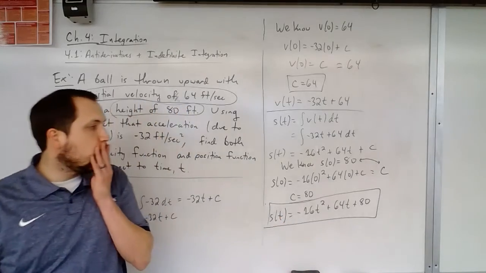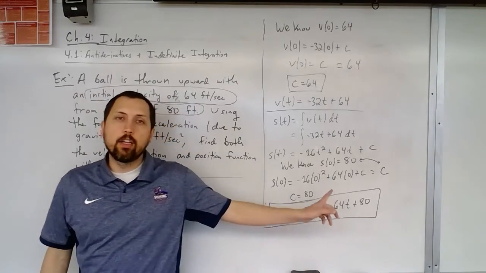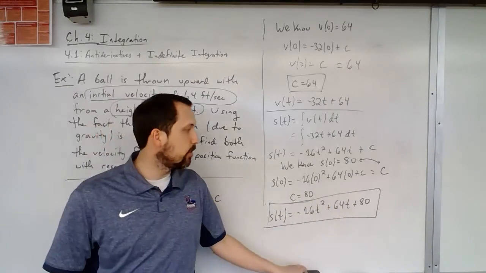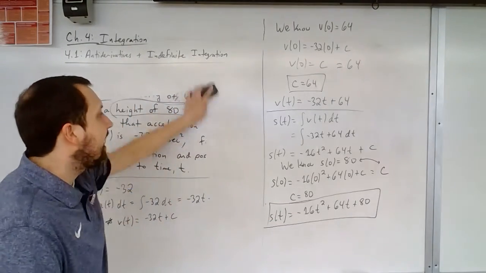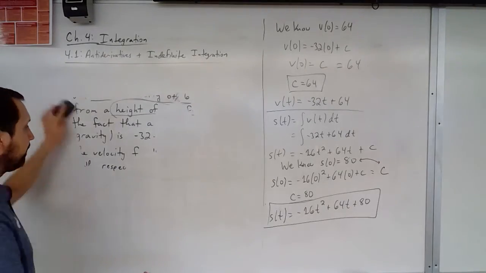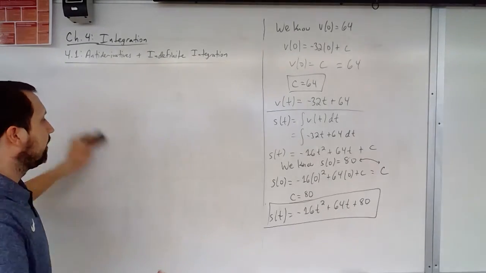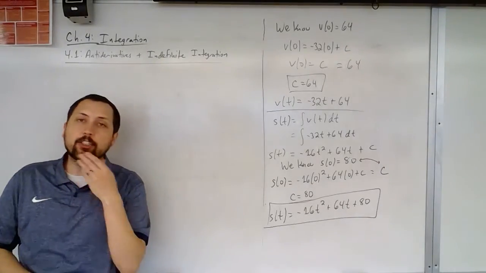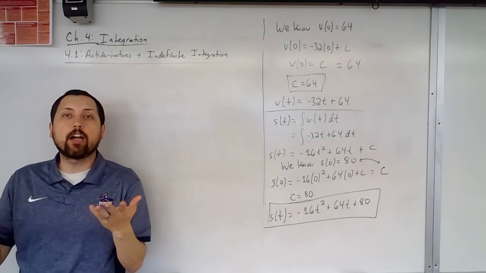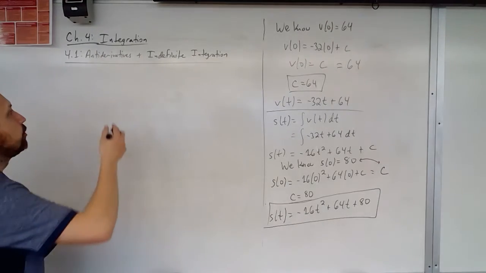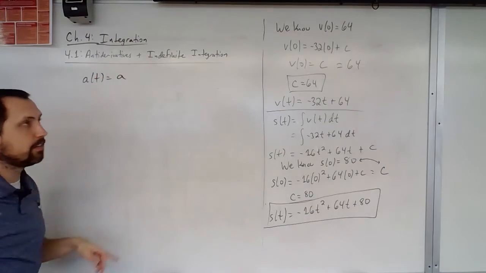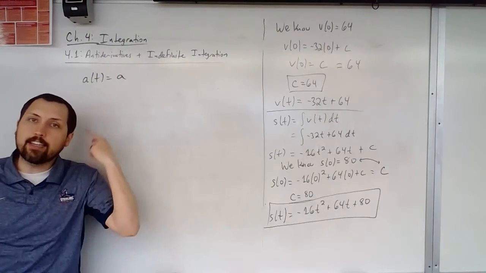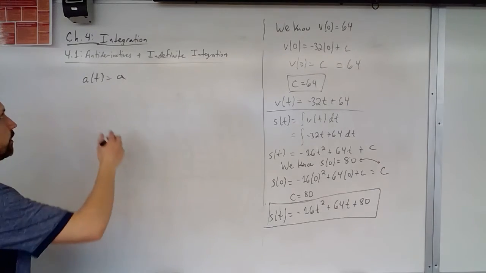Now, in general, we could create formulas for anything based off of this. So instead of using our specific a of t equal to negative 32, if I just start out with a general constant being acceleration, let's say I call a of t equal to a, I could now find the velocity based off of this.